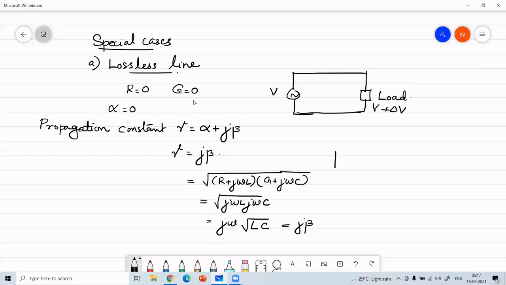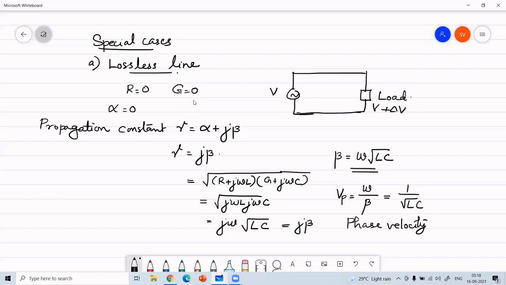So beta can be written as beta is equal to omega into root LC. This is the expression for the phase shift constant beta. From this expression, we can write omega by beta is equal to 1 by root LC, and this quantity is known as the phase velocity, which is denoted as Vp.